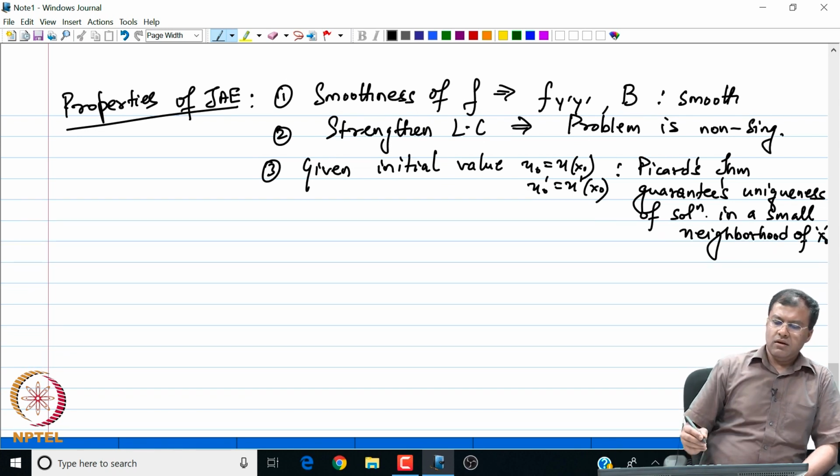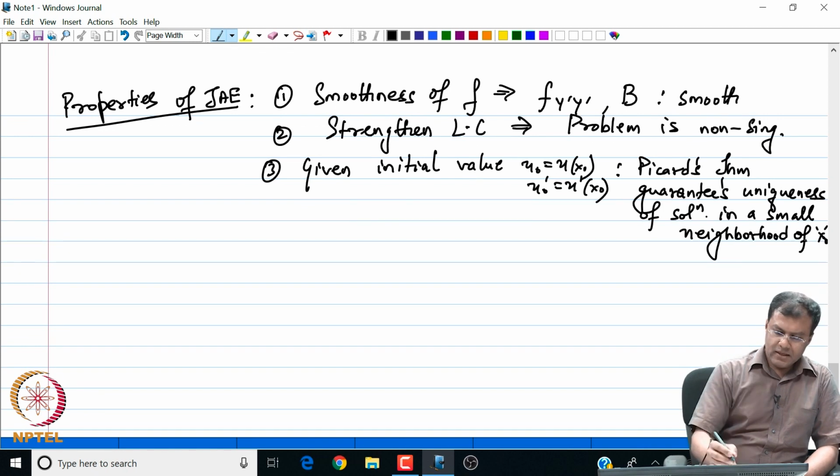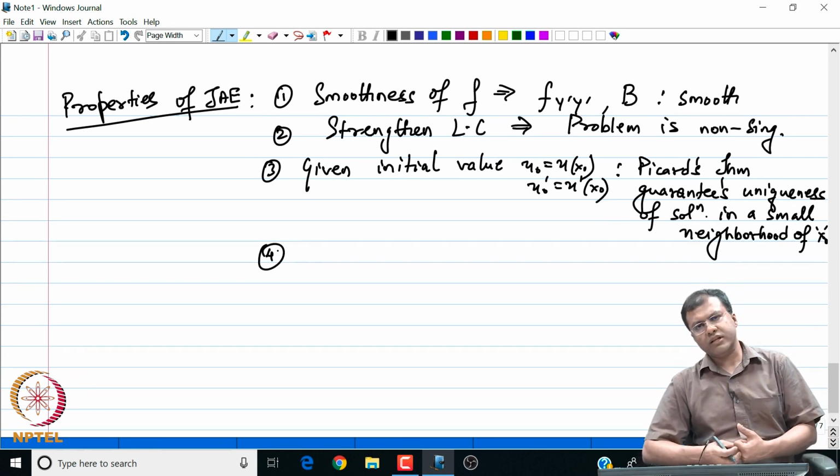Moreover, since the solution is smooth, I can extend this uniqueness in a small neighborhood around the point x naught to the entire interval x naught to x1.